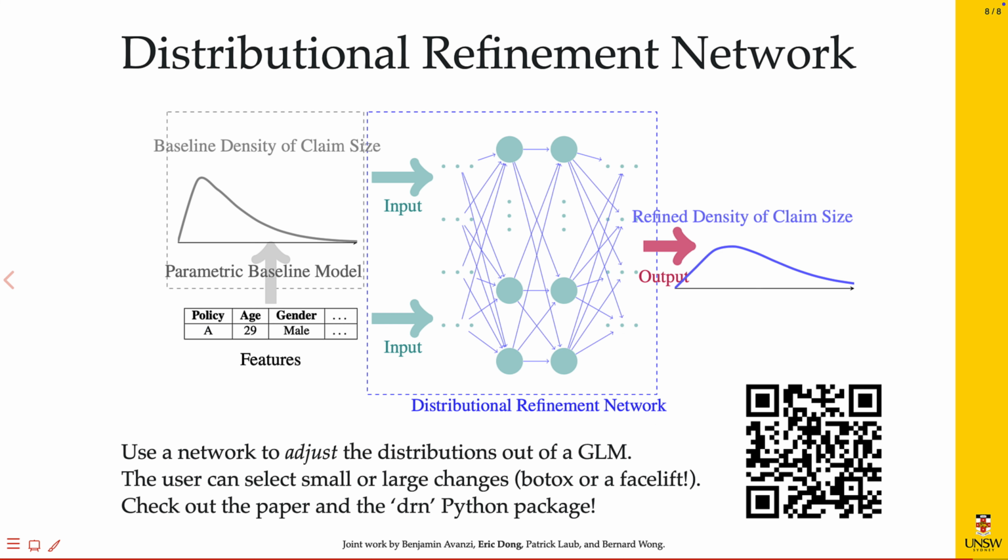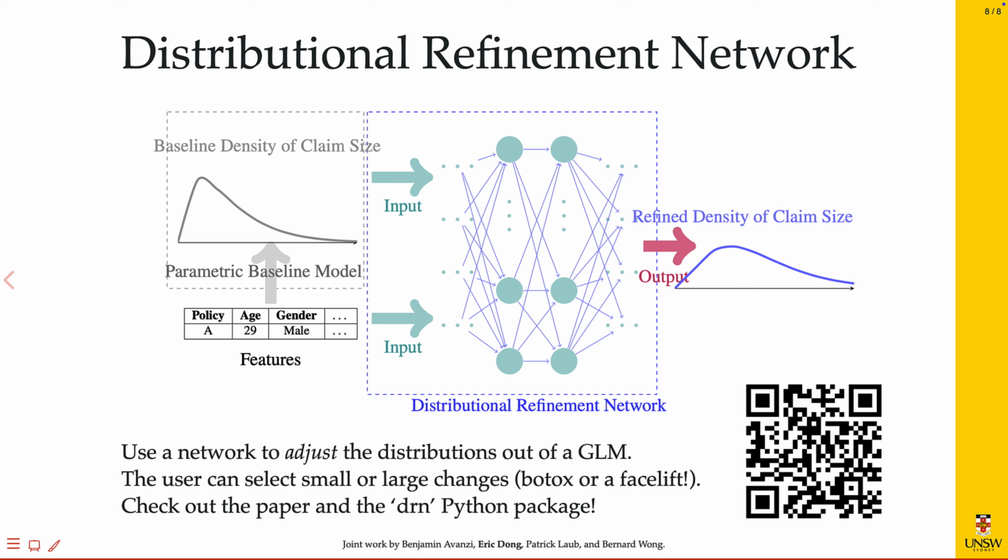Okay, now on to my last slide, just to advertise what we have produced, called the Distributional Refinement Network. The main thing here is to match a neural network with a simple model, say a generalized linear model, just to keep things simple. We train a GLM, and we train a neural network that improves the GLM.